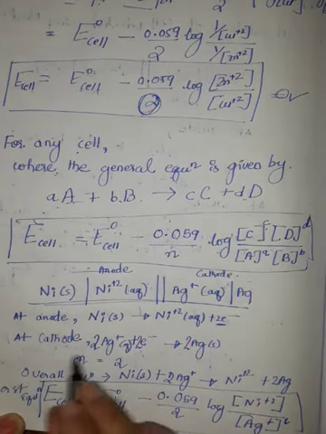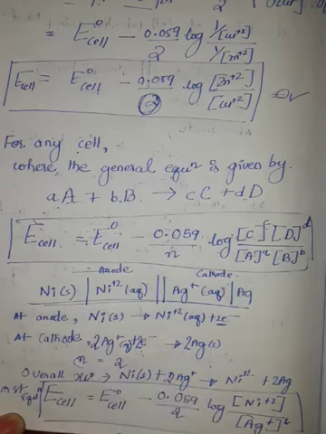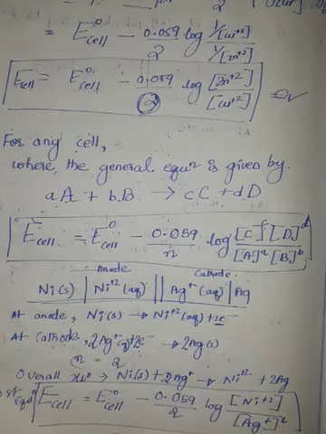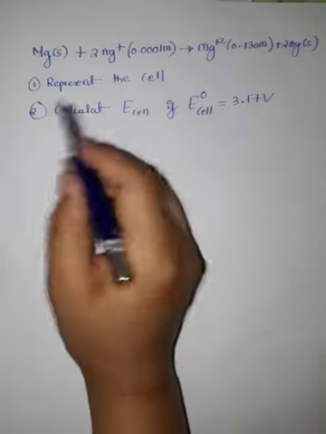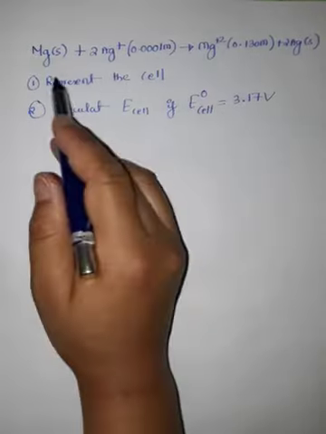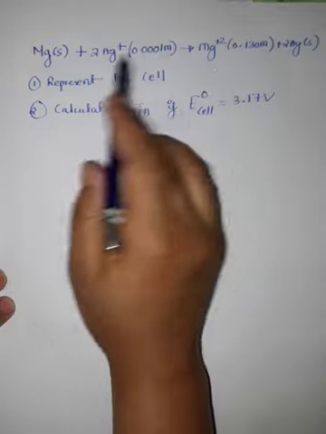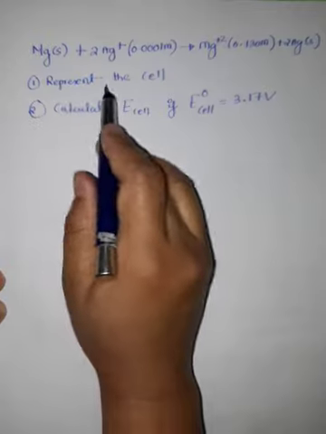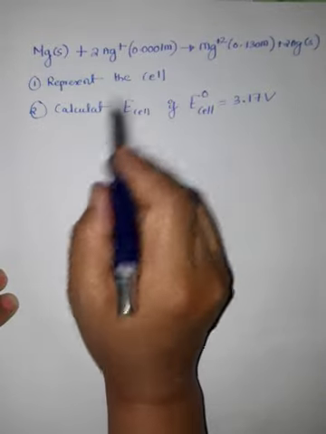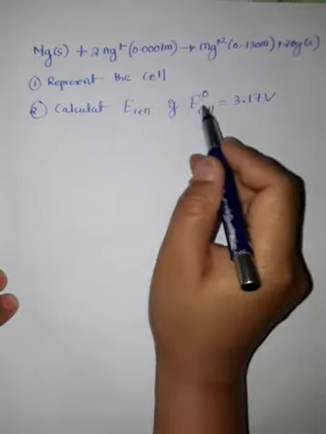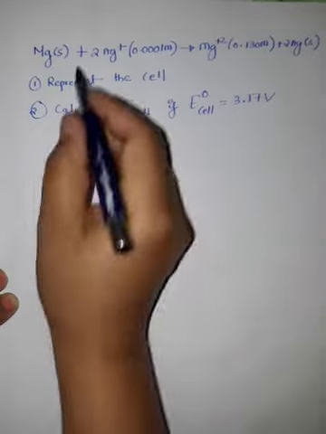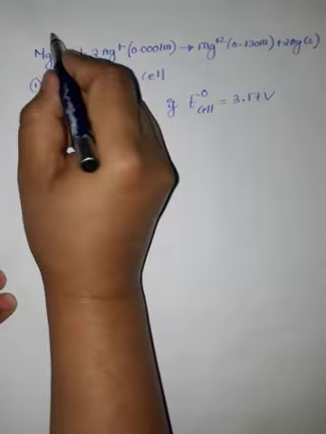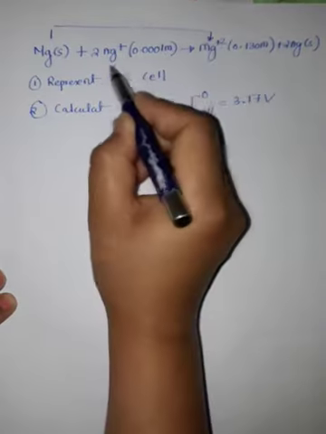for this electrode. Now, next, let us try to solve this problem. This is the equation taking place in the cell. The concentration is given to you, so you need to represent this cell depiction, then calculate E cell, and E naught cell is given to you. First you need to identify the anode and cathode.